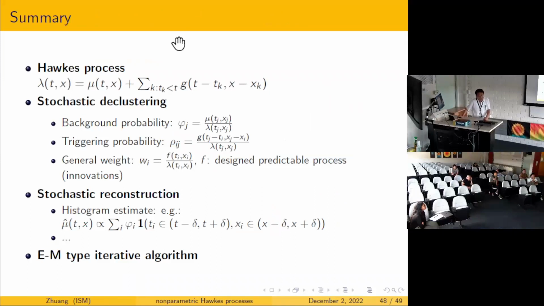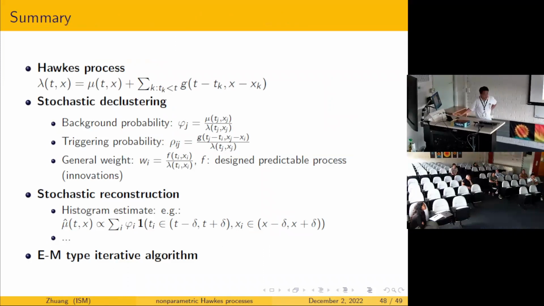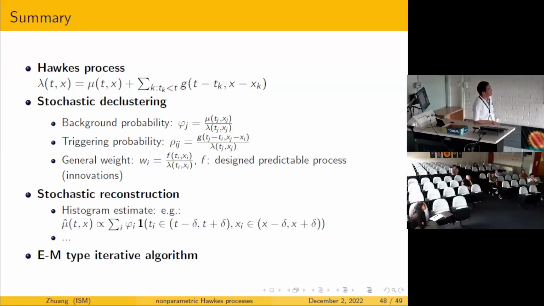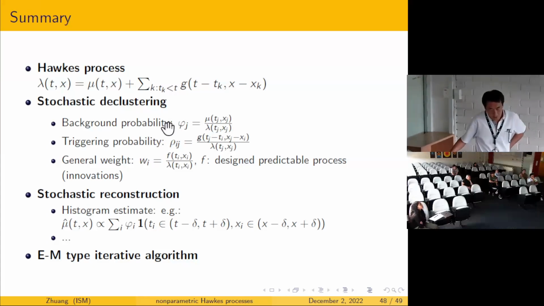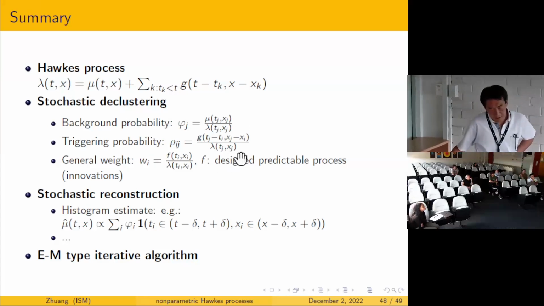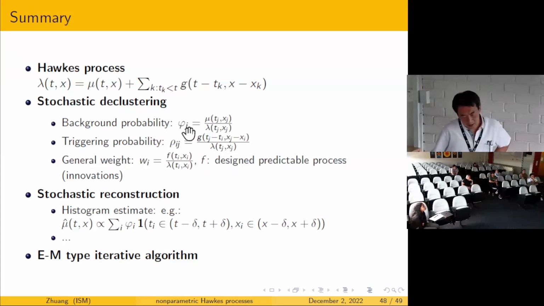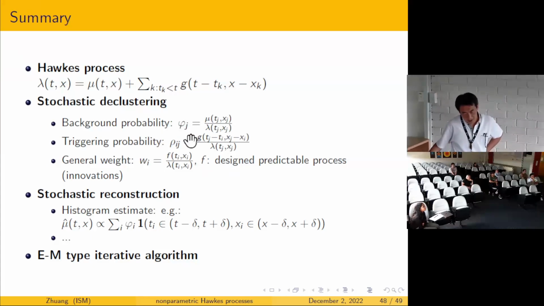So, okay, let me come to the end. Let me make a summary of my talk. So this is the Hawkes process, and basically the key point for the Hawkes process is the stochastic clustering part. We use those two probabilities to do our non-parametric estimate.